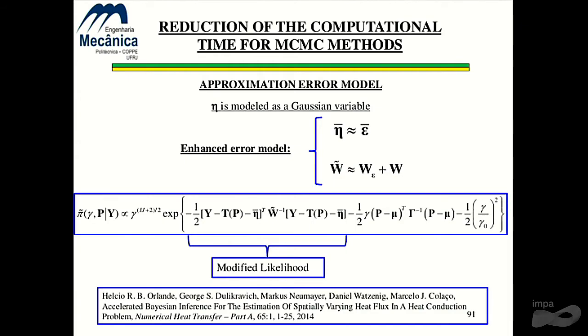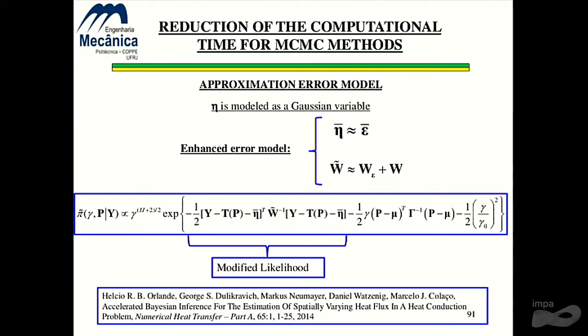You only have to modify your likelihood by considering the mean of the modeling error and the covariance matrix, which is now approximately given by the covariance matrix of your measurements plus the covariance matrix of your modeling errors.